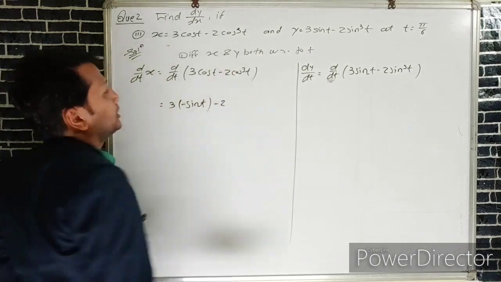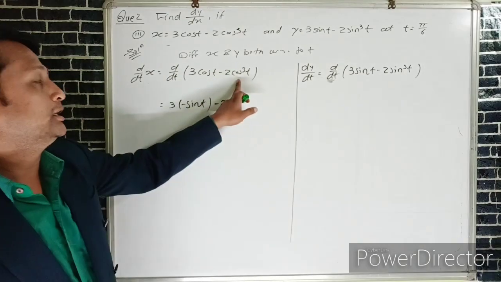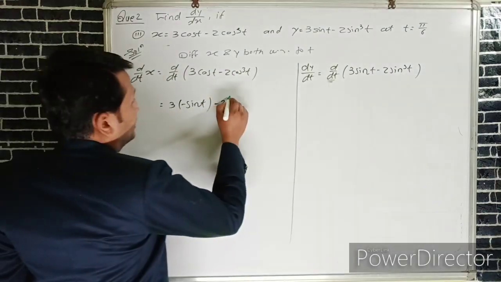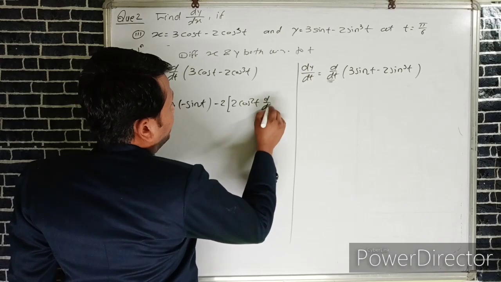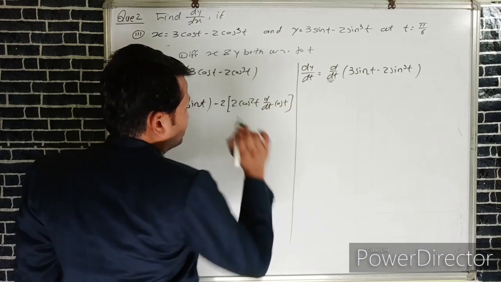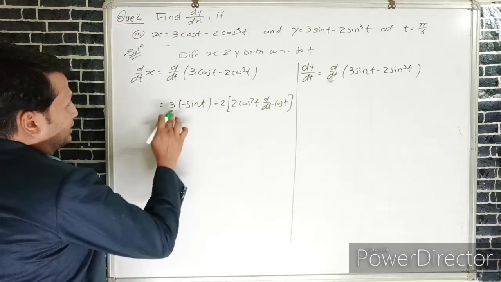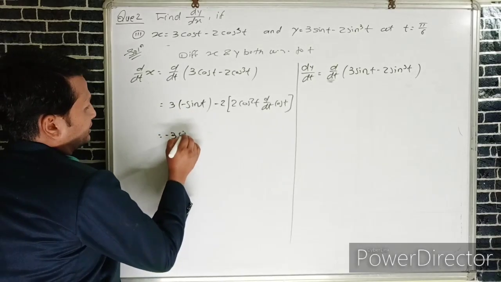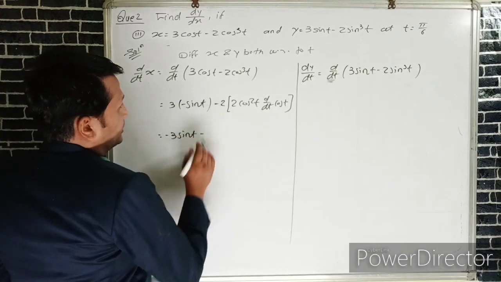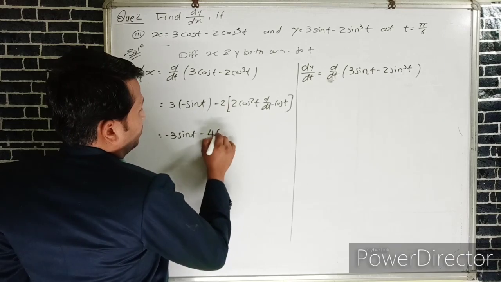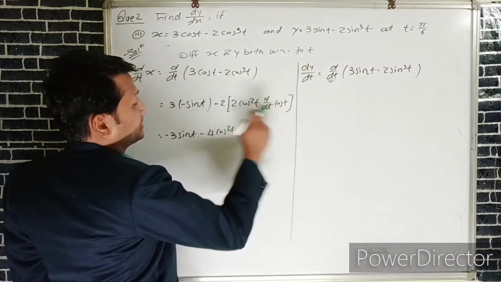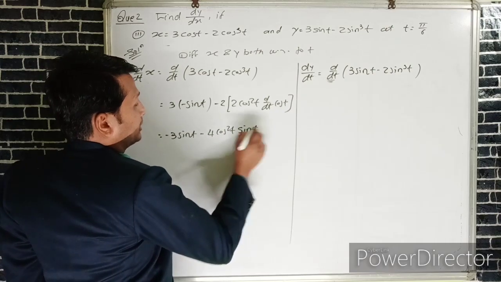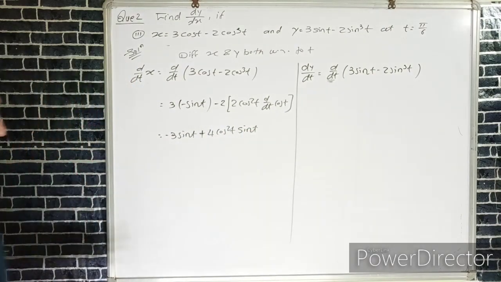By using the derivative of x raised to the power n, we can write derivative of cos cube t is 3 cos square t and we take again the derivative of cos t. Here again we can write 3 into minus sin t minus 2 into 3 is 6 cos square t and the derivative of cos t is minus sin t. We can write minus plus sin t.